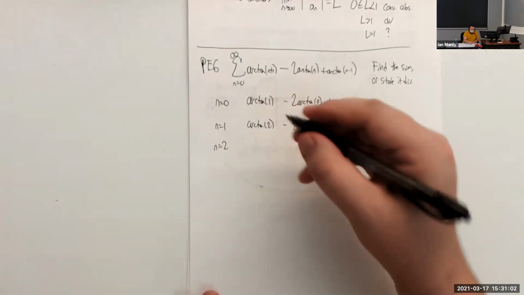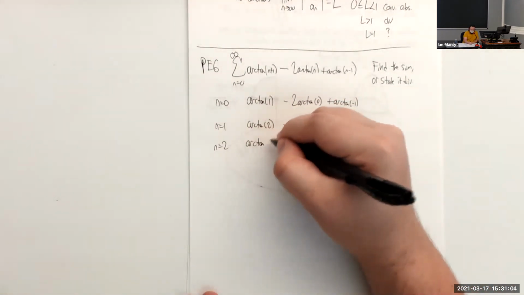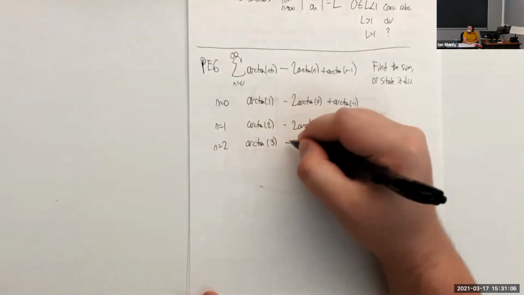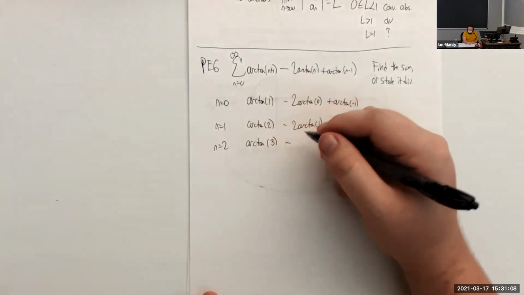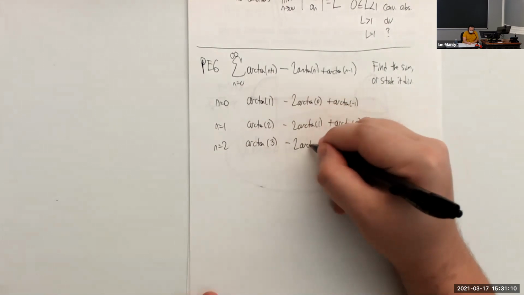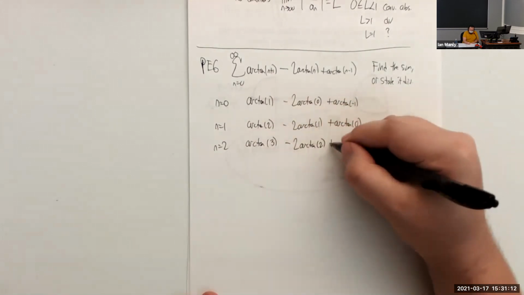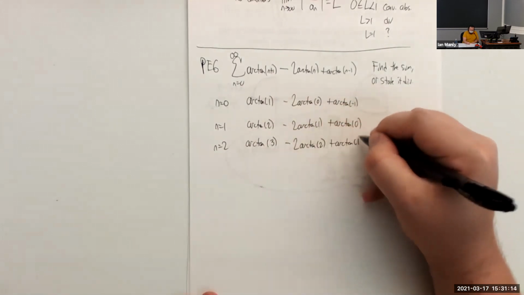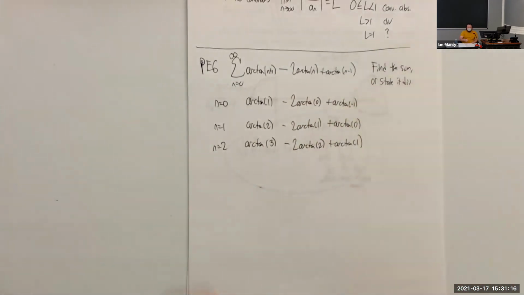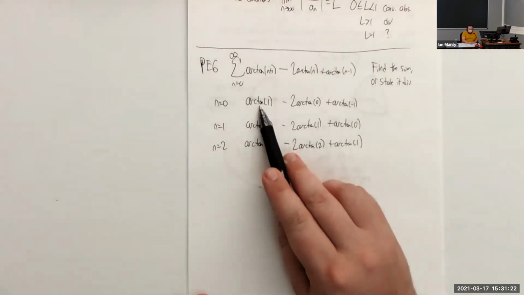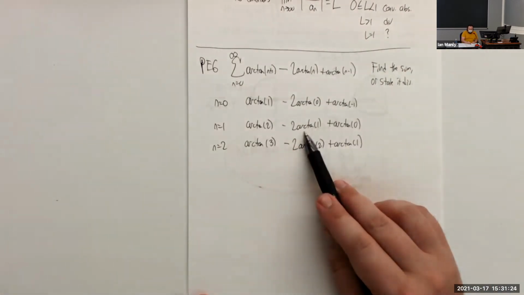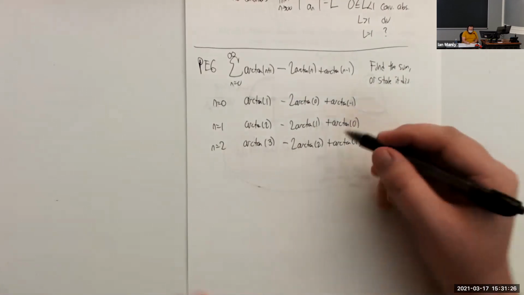All right, let's do one more here, and then I think we might start seeing some interesting things happen. Arctan of 1. All right, and now I think we could start to see some pretty significant cancellation here. So I have arctan of 1, negative 2 arctan of 1, and then another positive arctan of 1.